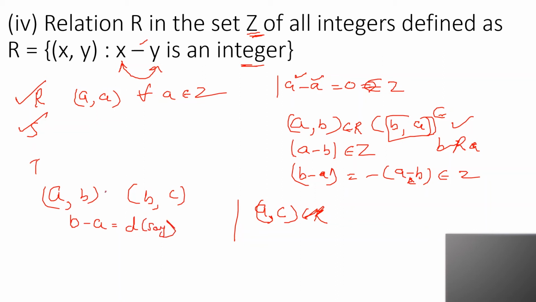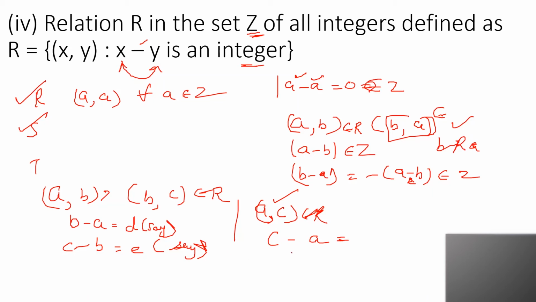And b and c are also related, which means c minus b is also an integer, let's say e. For a and c, we need to check their subtraction. Is it an integer or not?